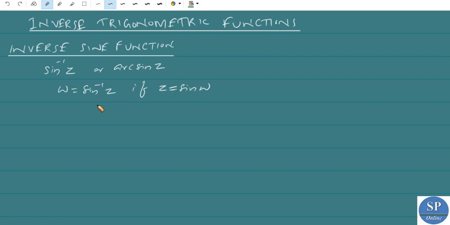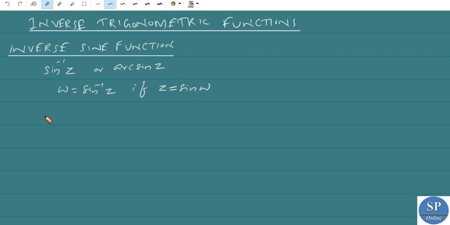Now, to find an expression for sine inverse of z, we have to use the definition of the sine function. That means z is equal to sine w, and we have to find w equal to sine inverse of z.